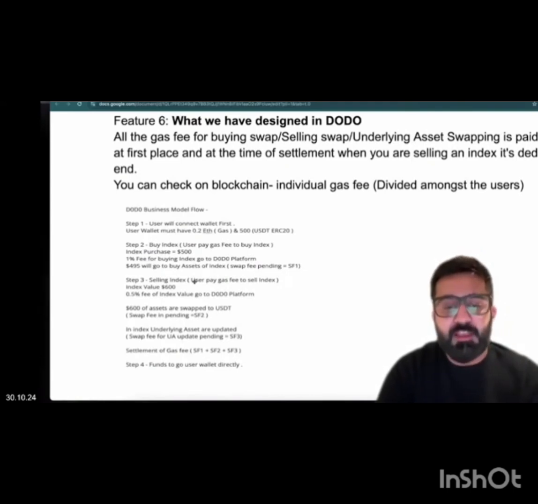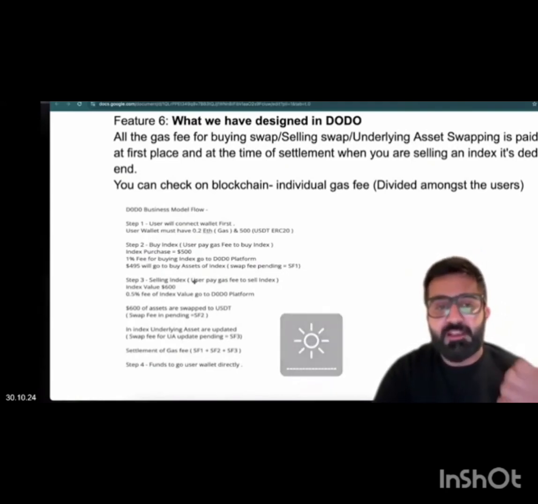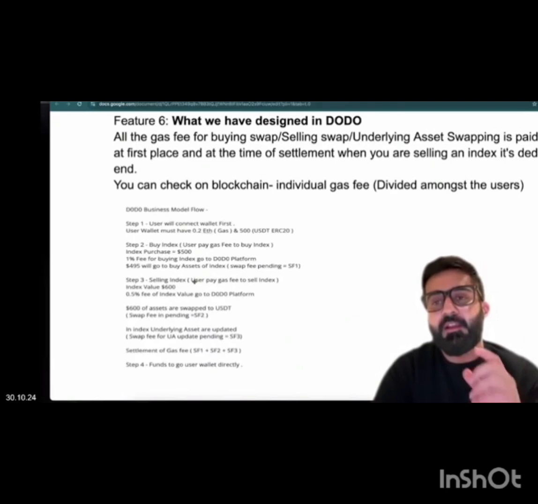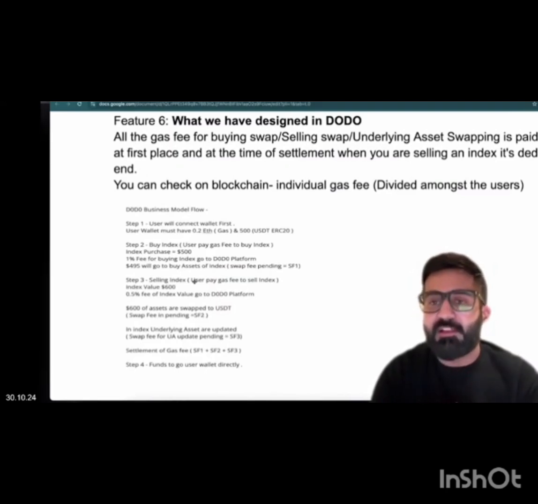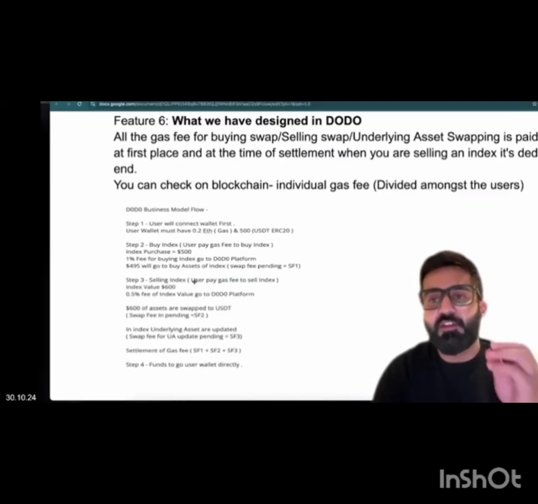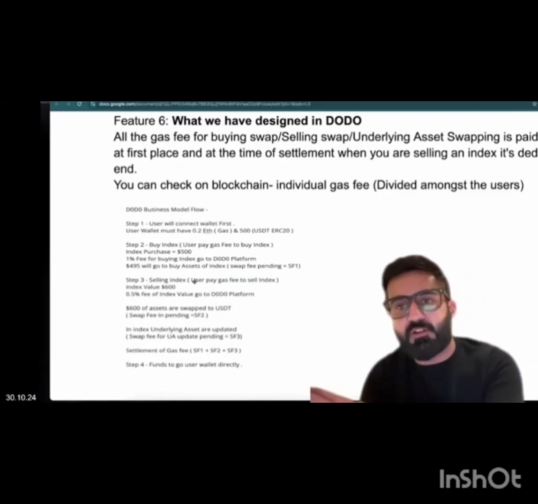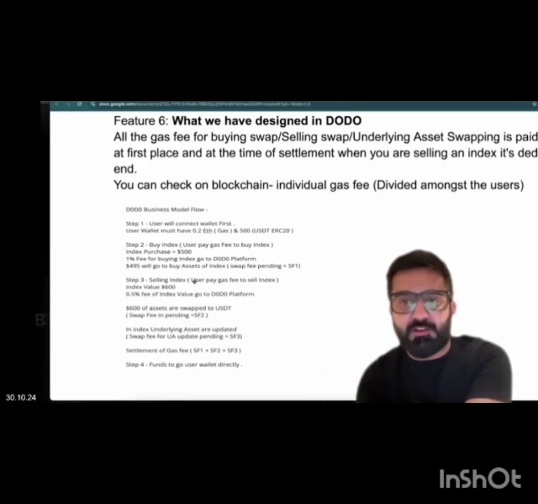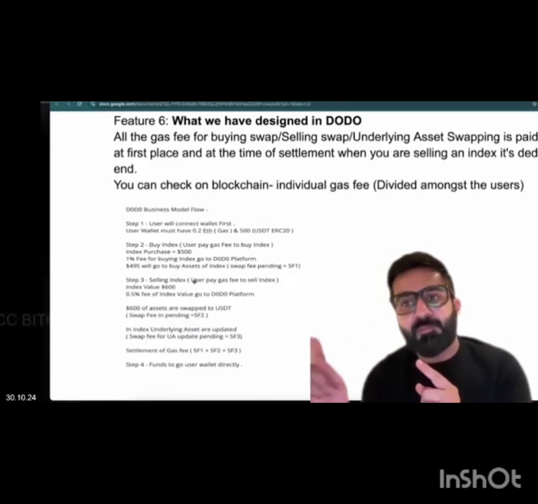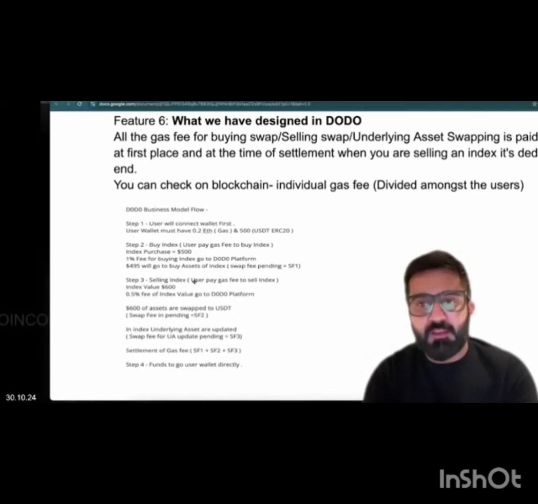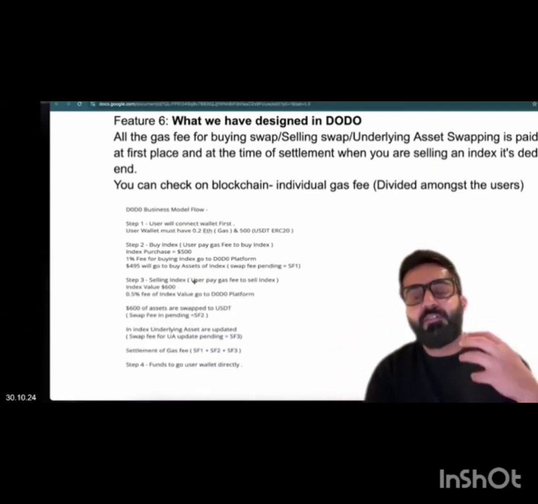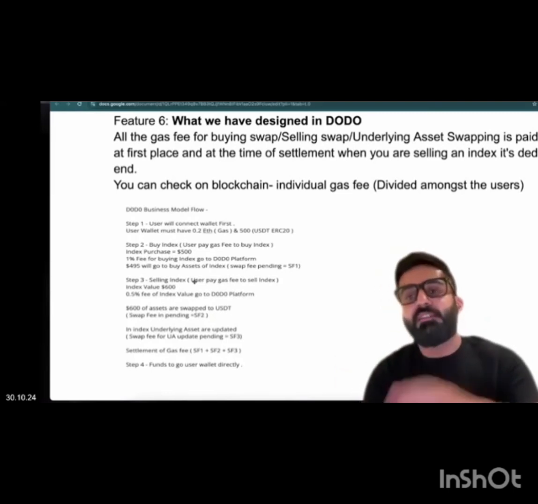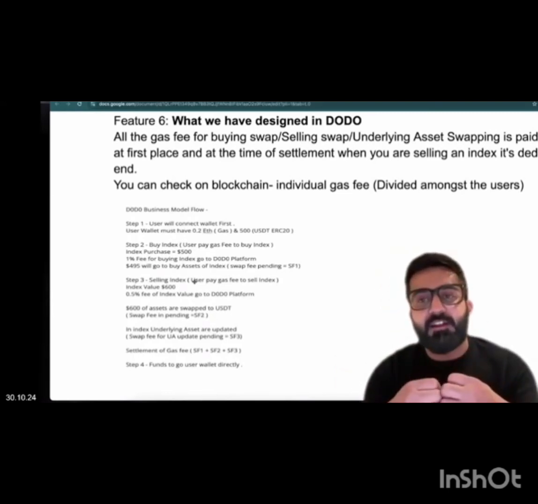There are three types of gas fee which will be visible to you: SF1, SF2, SF3. Swap fee 1 will be applied at the time of buying the index. So when you buy the index, let's say you enter with $500, you pay the gas fee to trigger the smart contract and your $500 is sent. This sending of $500 you have to pay for because it is from your end. The moment you send $500 to the smart contract, from there onwards the assets are divided.